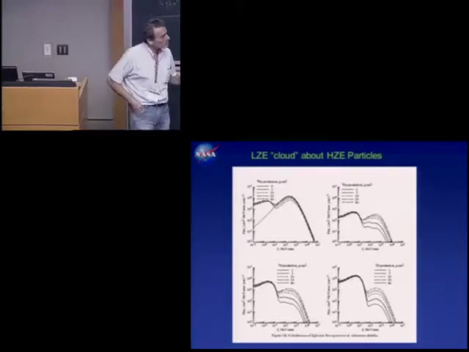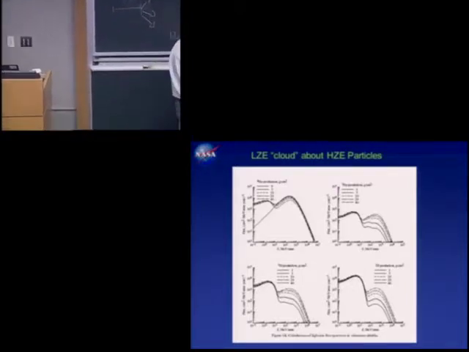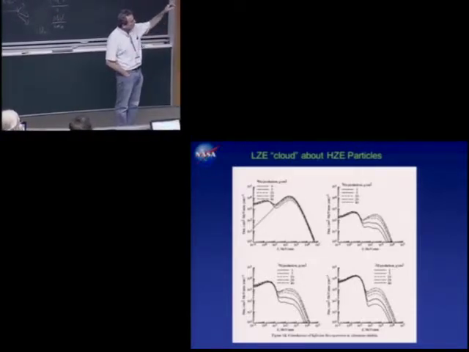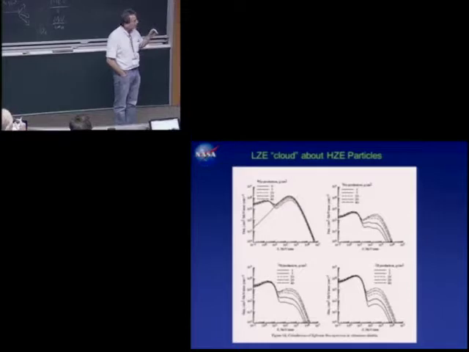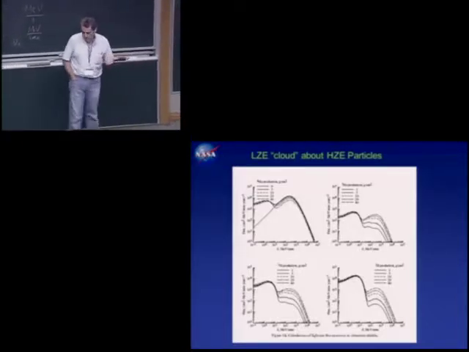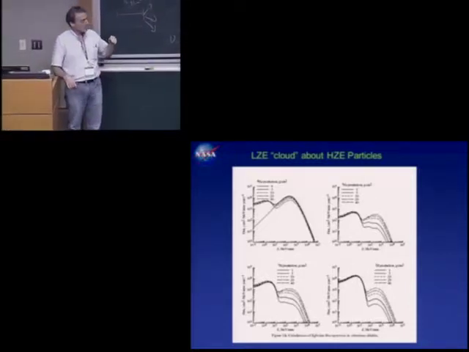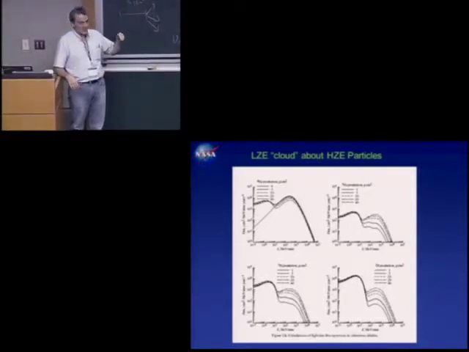In this example, if you look at the solid line, that's the primary GCR spectrum, and then these other curves, as a function of depth in shielding, show the prediction for the different light particles: helium, helium-3, tritons, and deuterons. And you can see it's what I would call a quasi-steady state flux. Even though they're low energy particles, they don't travel very far, you're just continuously making them by all the fast particles coming through the shielding.